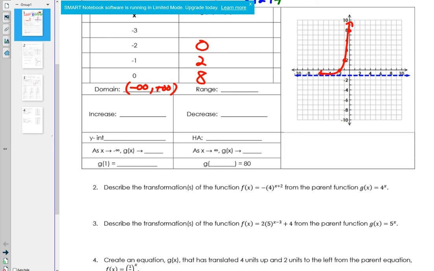Remember, range are all the y's. What are all the y's? Meaning, how low does this graph go and how high does it go? Why -infinity? It's not going to -infinity.